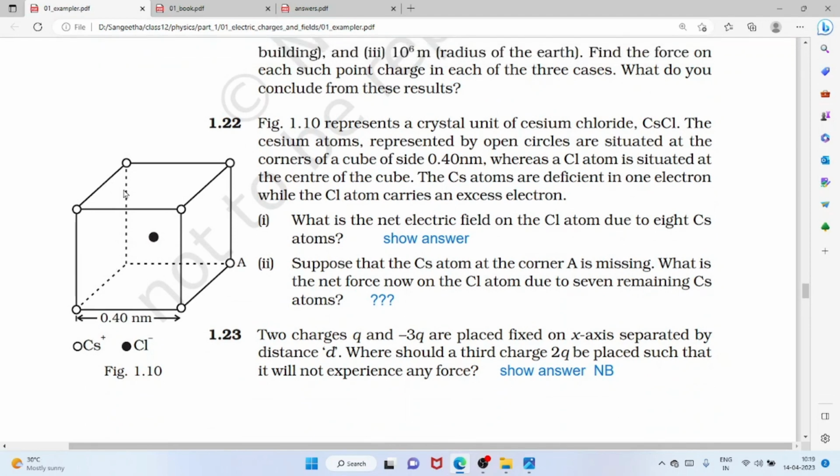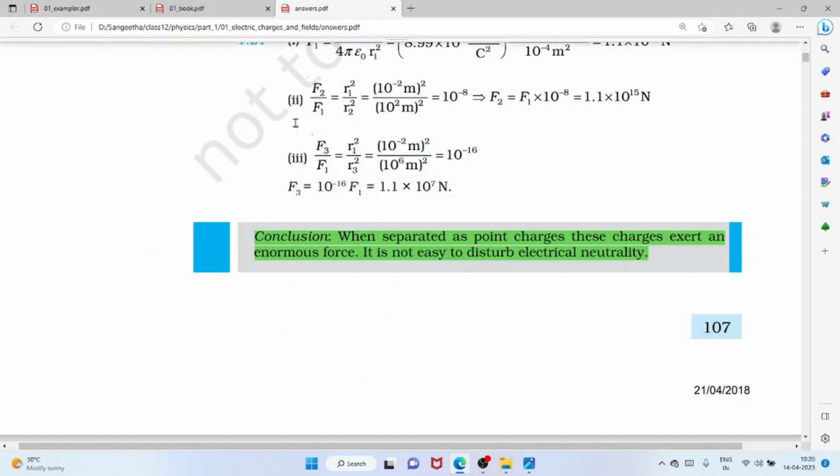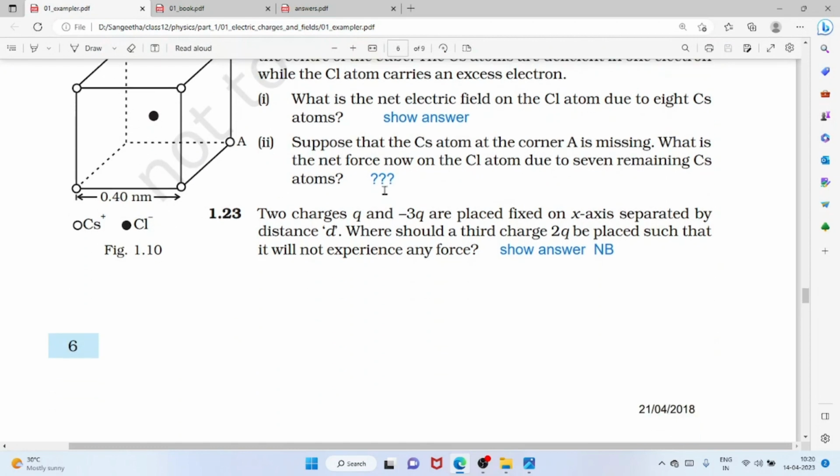This figure represents the crystal unit of NaCl, represented by the open circle. Okay, what is the net electric field at the Na onto the Cl due to all the Cl? Due to symmetry, this electric field at the center will be zero. And for the second case, suppose that an atom at the center is missing.